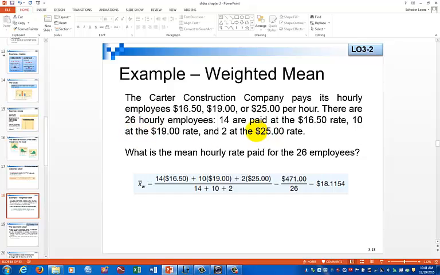Notice that $25 is paid to only 2 employees, and $16.50 is paid to 14 employees. And of course, $19 is paid to 10 employees.